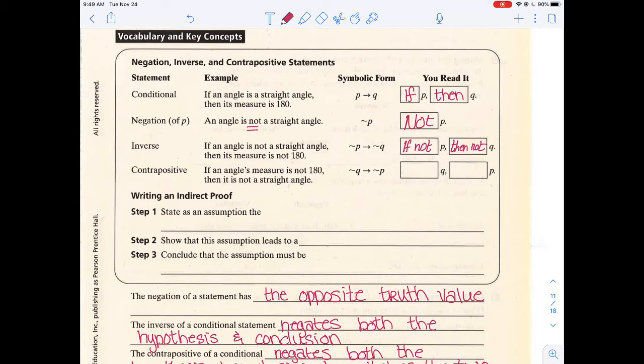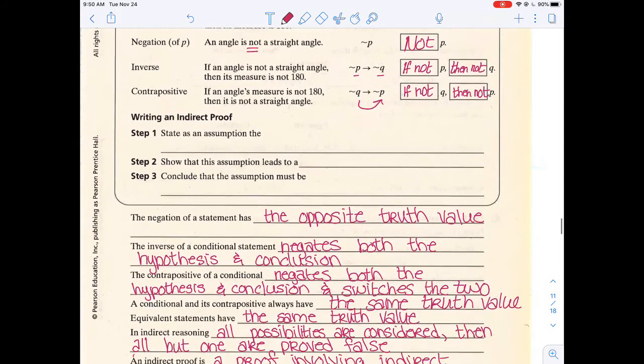Remember, the contrapositive negates both the hypothesis and conclusion and switches the hypothesis with the conclusion. So like usually it's P then Q. Here we've got Q then P. And the way we would read this is if not Q, then not P.